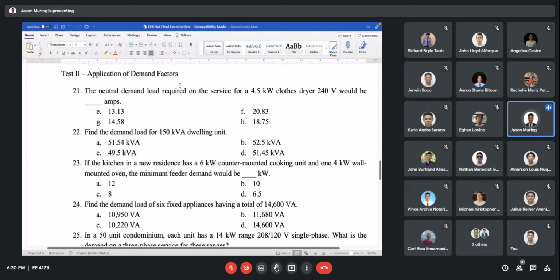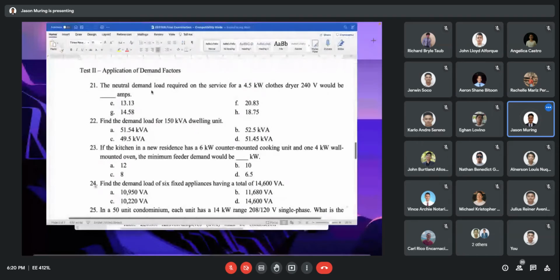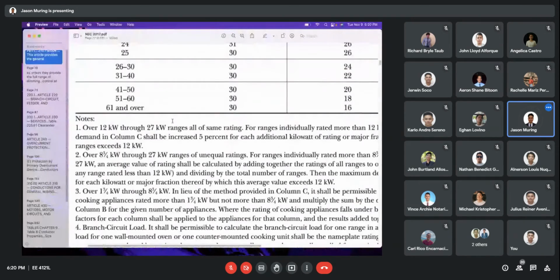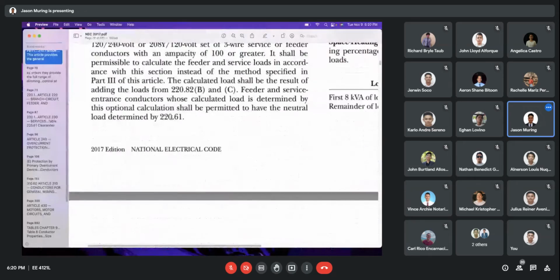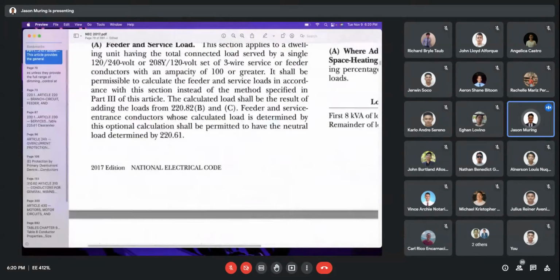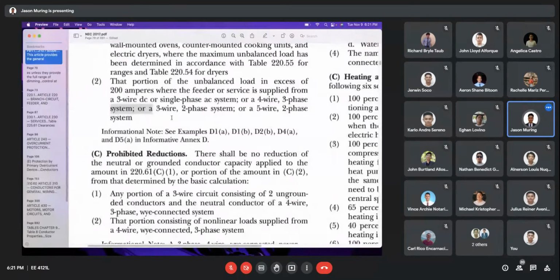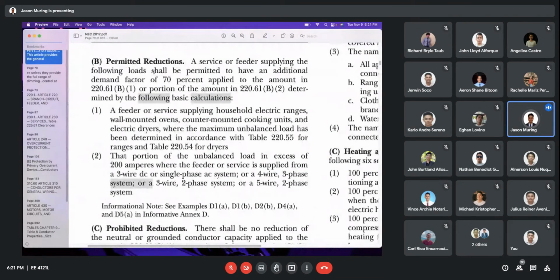I'm getting here 20.83. I know that this is not the correct answer because this should be the current for the line conductors, but we are looking here for the neutral demand. We already covered that there's a requirement here for permitted reduction, which we can apply for ranges or for dryers.